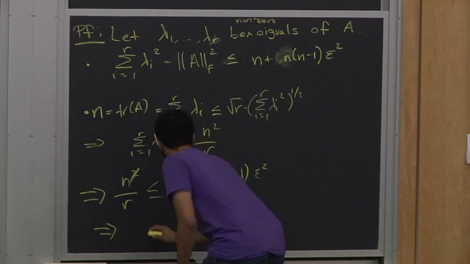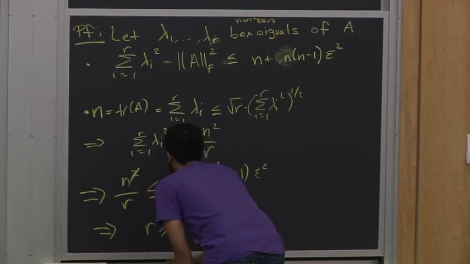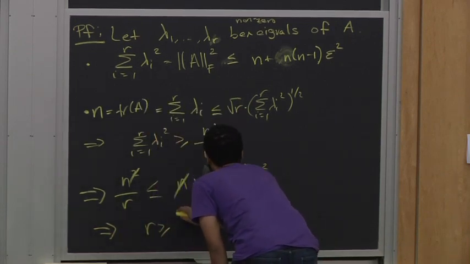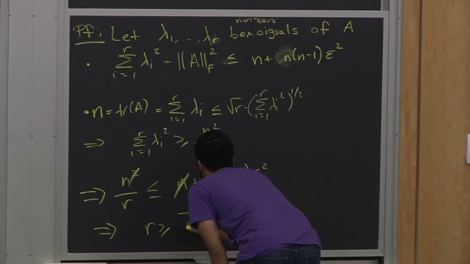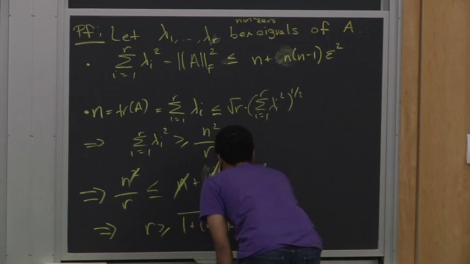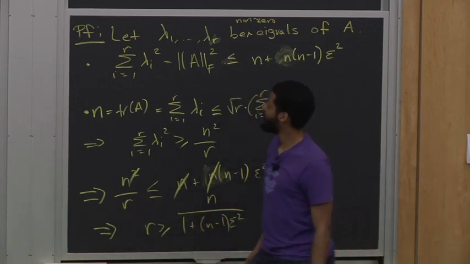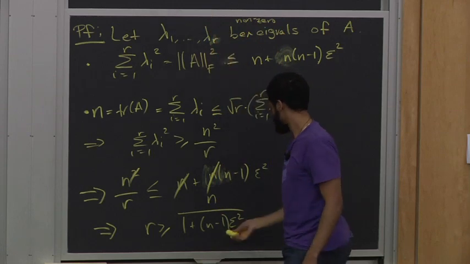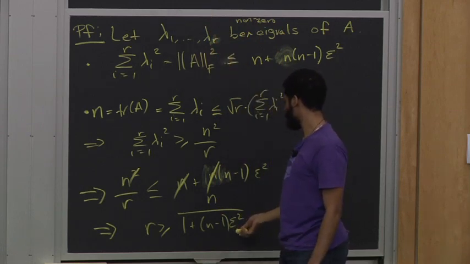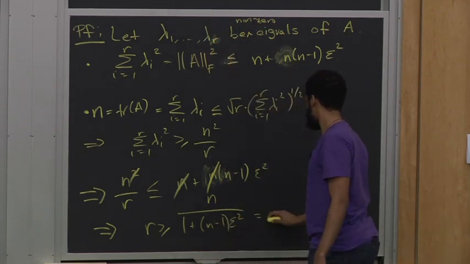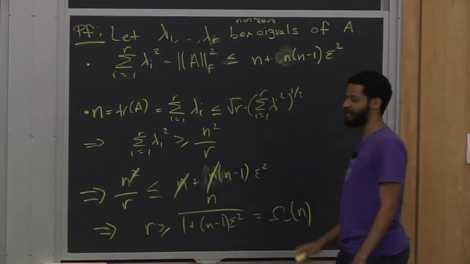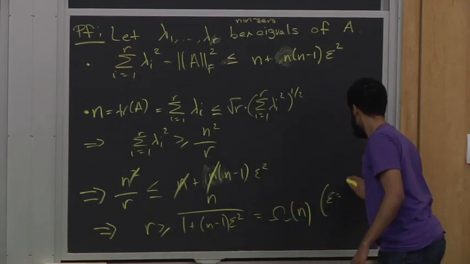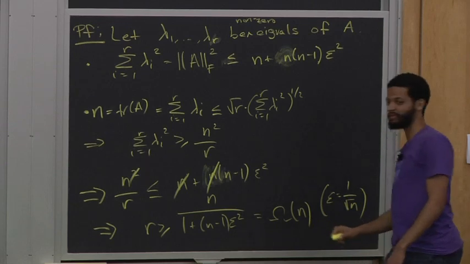This implies that r is at least n over 1 plus (n minus 1) epsilon squared. But what was epsilon? Epsilon was 1 over root n, so epsilon squared is 1 over n. So this is just omega of n.